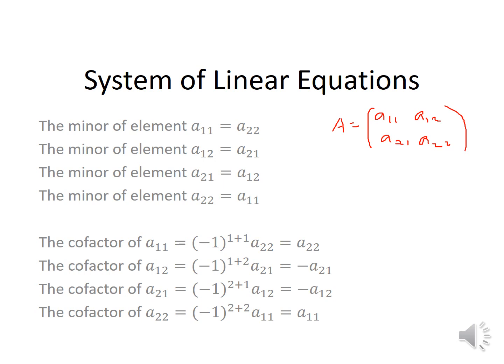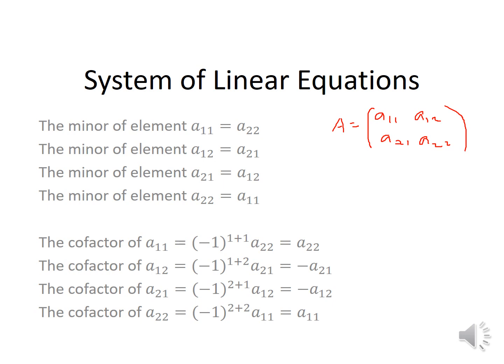We close the whole first row and the first column. So we have A22. And for the minor of element A12, we close the whole first row and the whole second column. So we have A21. And you perform the same operation for A21 and A22. So we have A12 and A11.